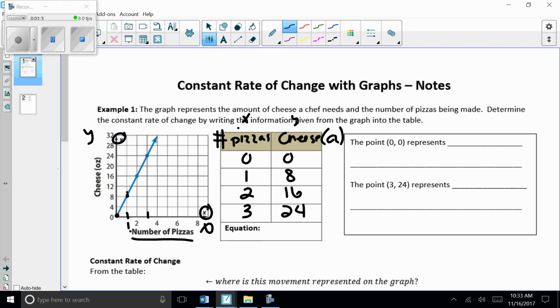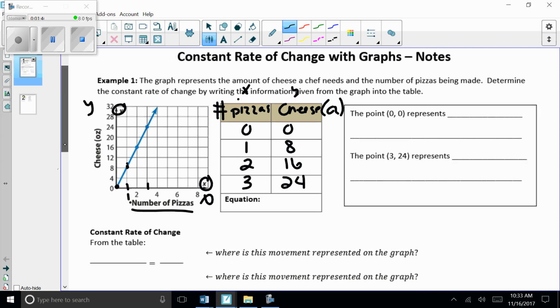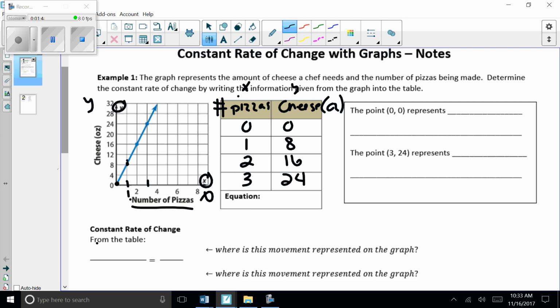Okay, so when you have your points here, we can find our rate of change in our table to help us be able to represent what our equation is going to be. So if we find the rate of change, remember it's change of y over change of x. So let's find our changes. So from here to here, I add 8. I add 8, I add 8. So my rate of change for y is 8.